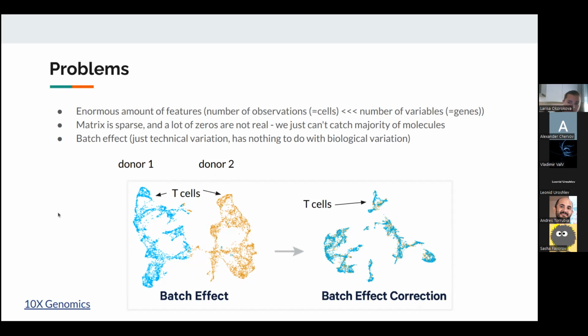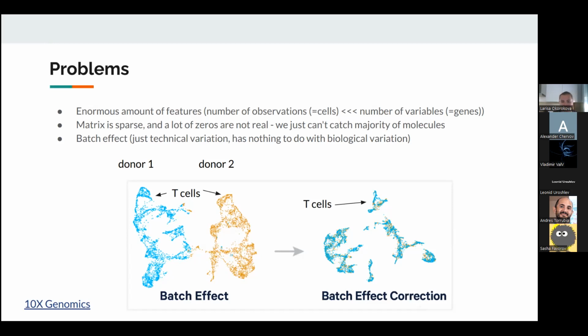But we want to study a particular population, T cells. In this picture, it's not very precise in terms of mathematics, but in terms of biology it's quite good. The difference between T cells of these donors is way bigger than the difference between cells inside one donor. And this is not biologically true.